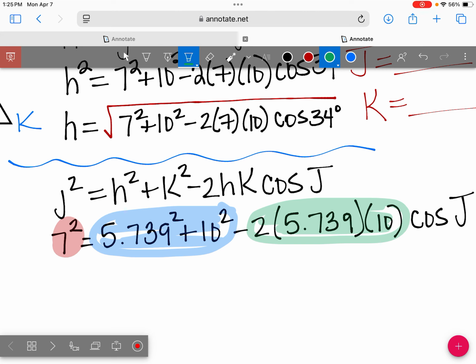Using your calculator, well, you shouldn't need a calculator, but if you do, no judgment. 7 squared is 49. And that equals, now pick up your calculator, type in 5.739 squared plus 10 squared.